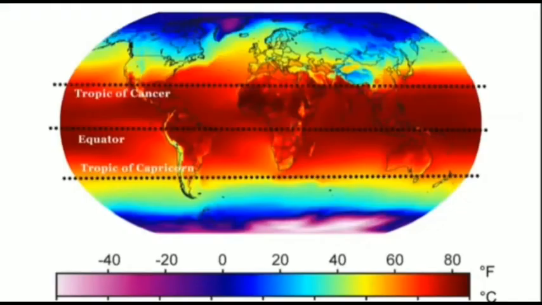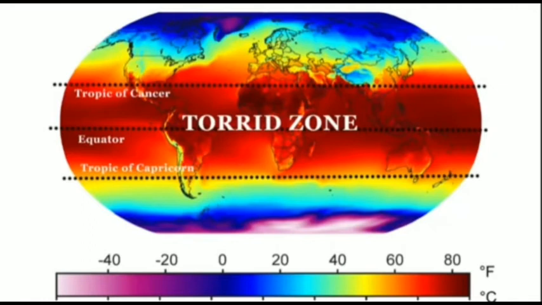The region between Tropic of Cancer and Tropic of Capricorn is called torrid zone. If we move beyond the torrid zone, it is called temperate zone.